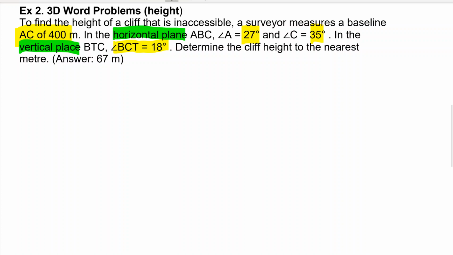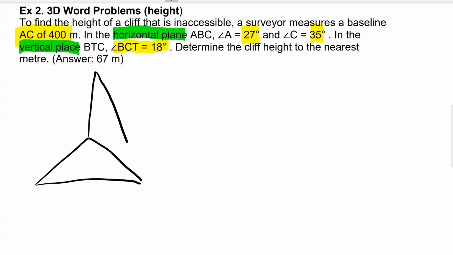If I'm drawing this, I know that I'm going to have a triangle that is in the horizontal plane, and then there's this vertical plane as well. It's going to look something like that. So if I have a cliff over here, and let's say this is the ground, and I'm trying to figure out what the height of this cliff is, we're going to pretend that this is 90 degrees here.